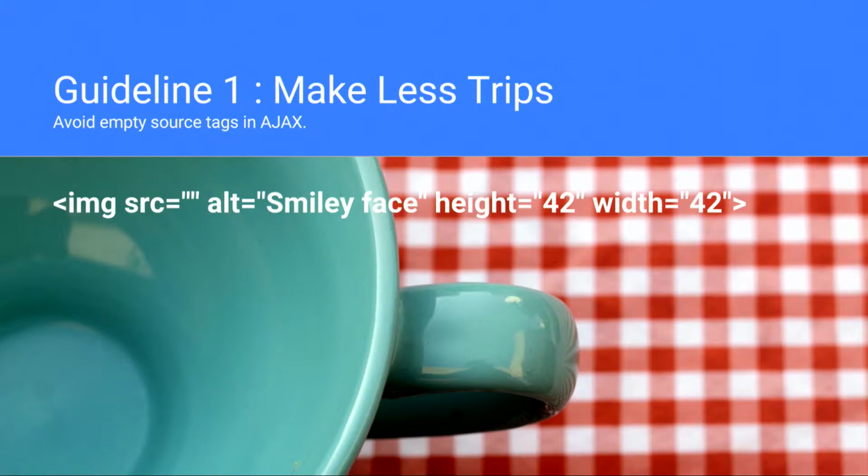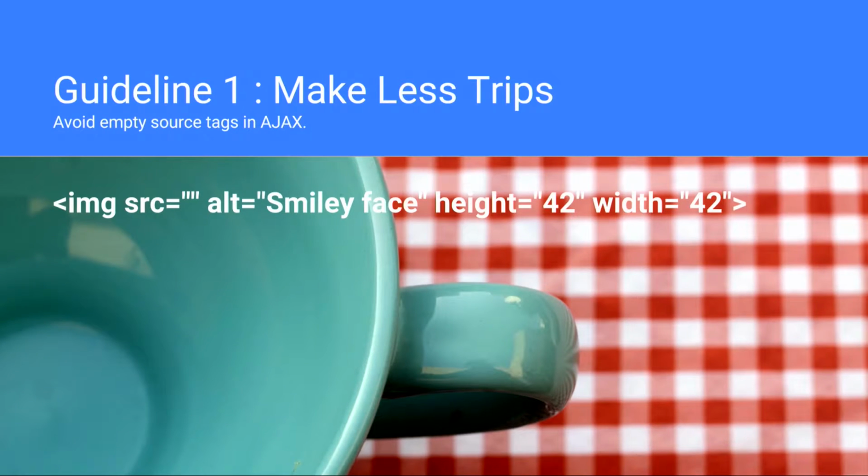And if the default on that directory is to return an index file, guess what? An entire page and everything it contains comes down with it. So not only is it another HTTP request that you didn't need, it actually has a big payload with it.